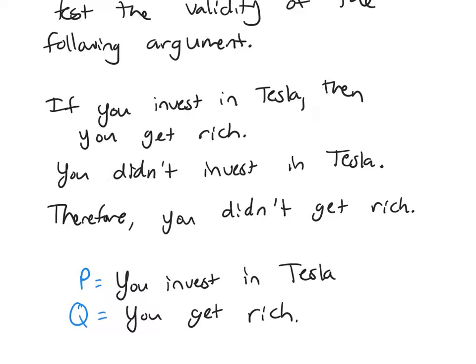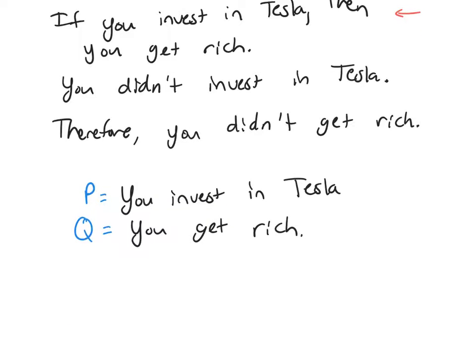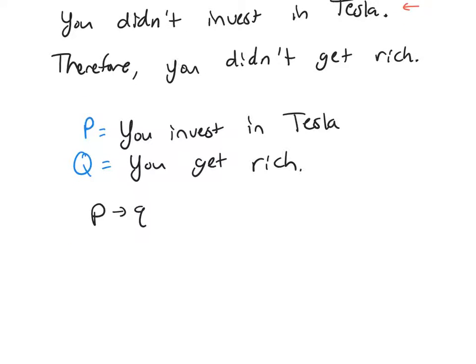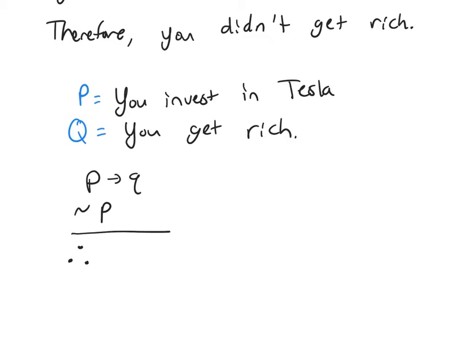So the first sentence here, this is a conditional statement, and it's if P then Q. Then the next sentence was you didn't invest in Tesla, so not P, tilde P. And then we have our conclusion, therefore, so we use this triangle-like symbol for the therefore, not Q. So this setup is called the vertical form.